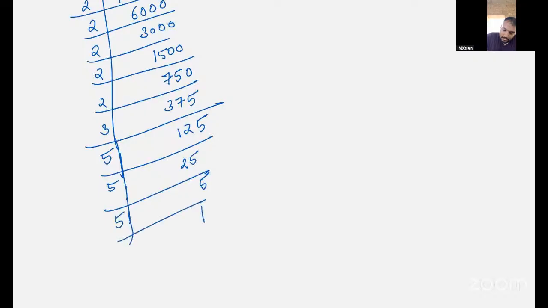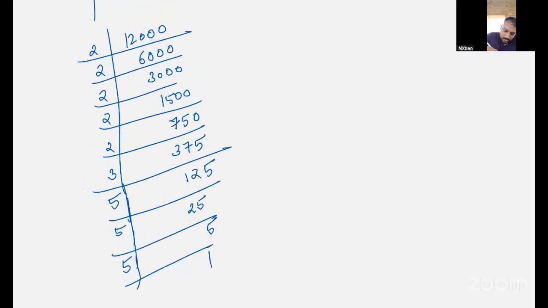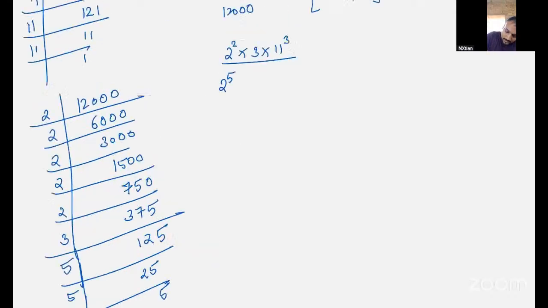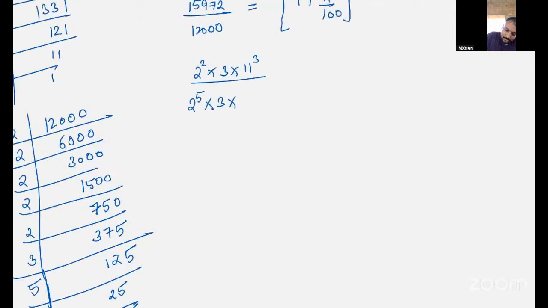So it means I can write this as 2 to the power 5 into 3 into 5 to the power 3. Got it? Again, the same concept we will use: base same, power different, and we are dividing.